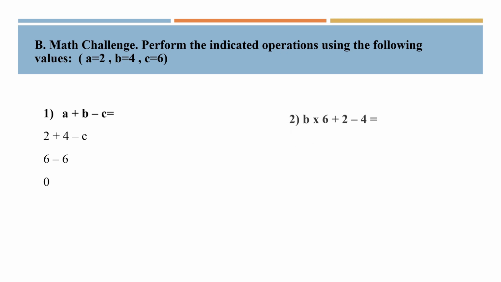Another number. Yes, let's have number 2. B times 6 plus 2 minus 4. The value of B is 4. 4 times 6 plus 2 minus 4. 4 times 6 equals 24 plus 2 minus 4. 24 plus 2 equals 26. 26 minus 4, what is the answer?